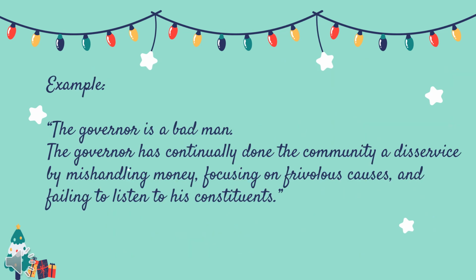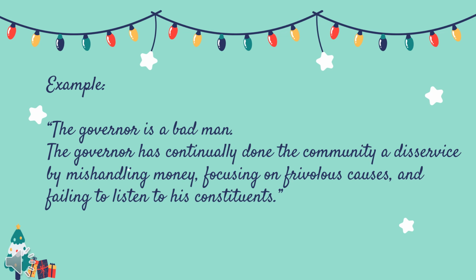Take a look at this example, class. In this statement, we can say that it is an example of a claim because this certain statement is still debatable. No? Let me just read. The governor is a bad man. The governor has continually done the community a disservice by mishandling money, focusing on frivolous causes, and failing to listen to his constituents.